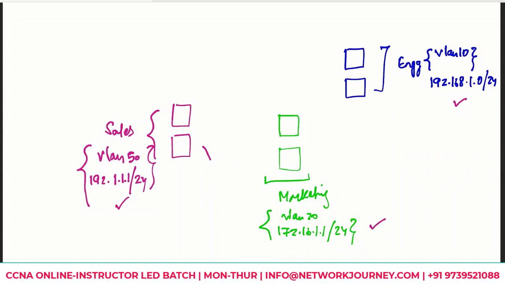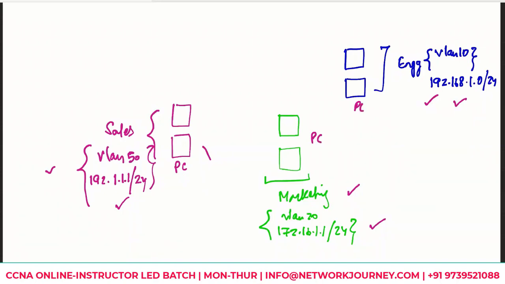Normally, in the normal layman's networking world, if you have this sort of configuration or IP segmenting, sales cannot talk to the engineering team, and the engineering team cannot talk to the marketing team. Might be the sales guy can talk to another sales computer. Let's say these are all PC computers or laptops.